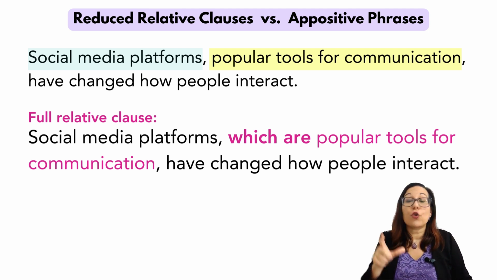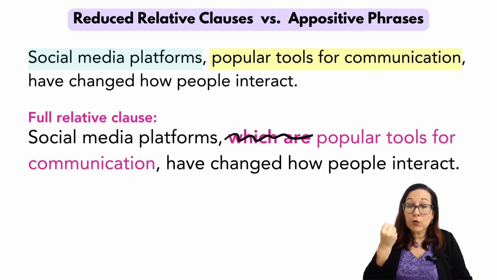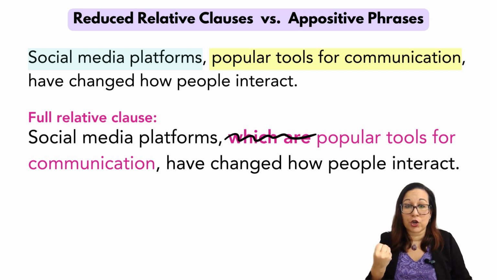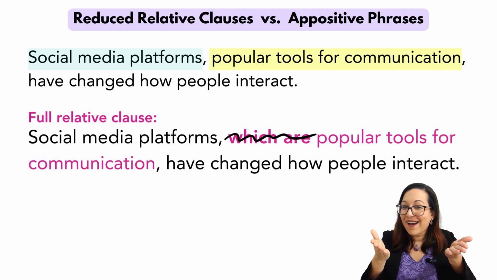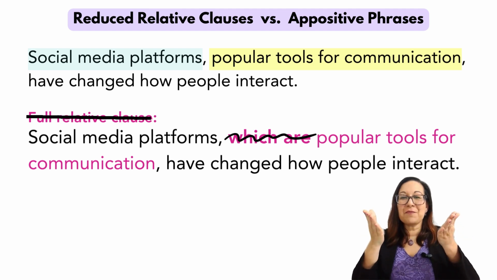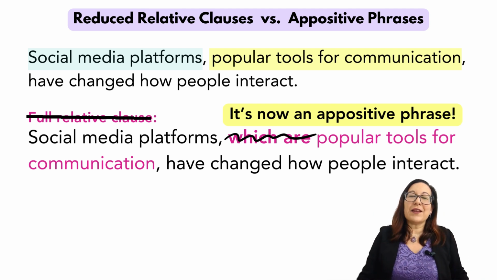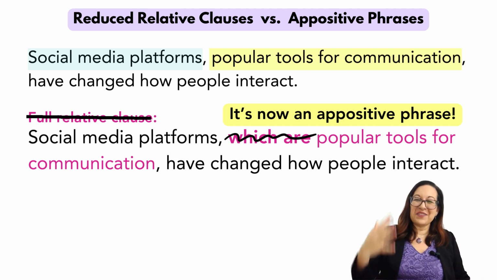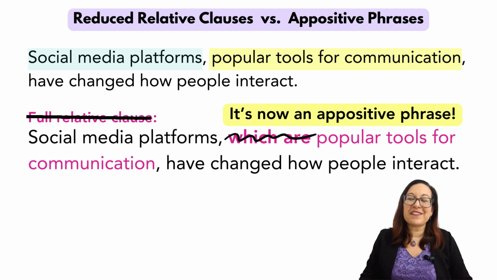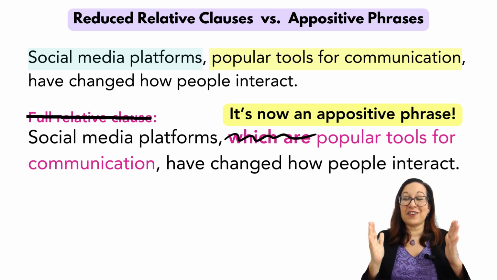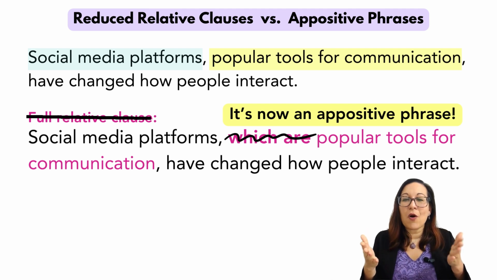And then we could reduce it by removing the relative pronoun and the auxiliary verb. And we would end up with an appositive phrase. Wait a minute, Anissa, why? We have just followed the rules to make a reduced relative clause.